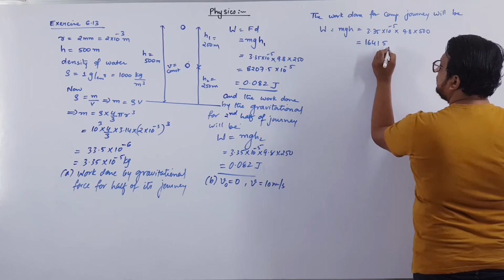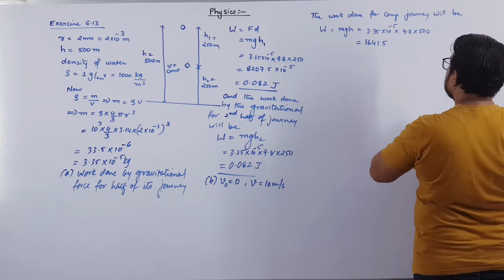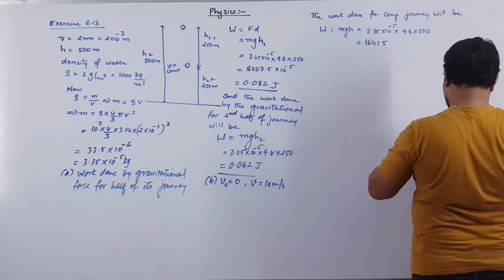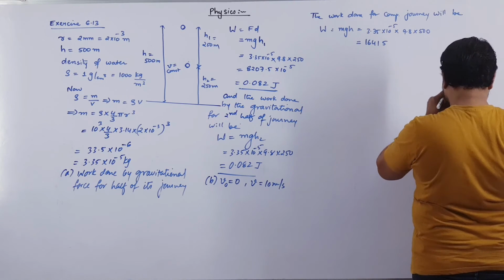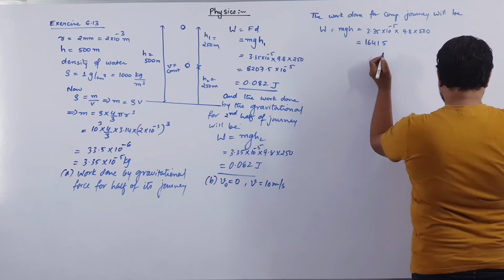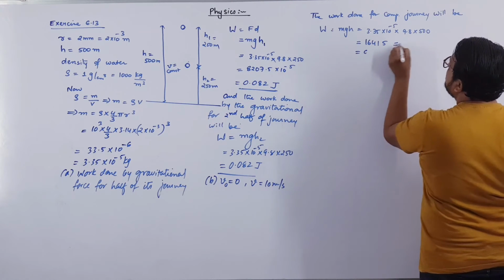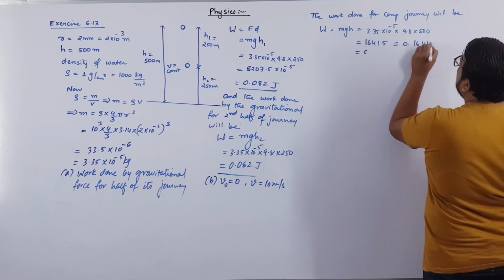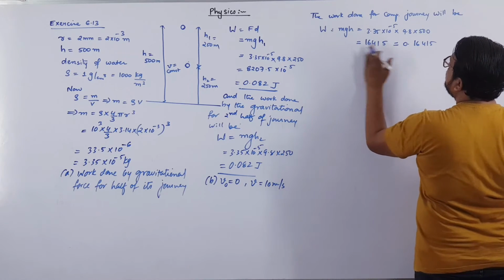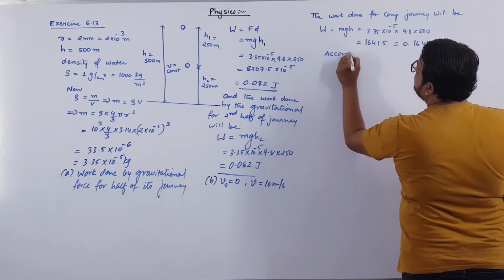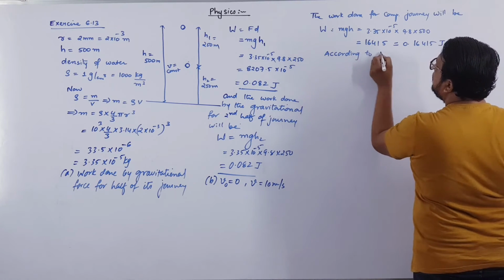Actually, I made some mistake. 3.35 into 9.8 into 500 will give you 16415. So if you shift 5 points, this will be equal to 0.16415 Joule.